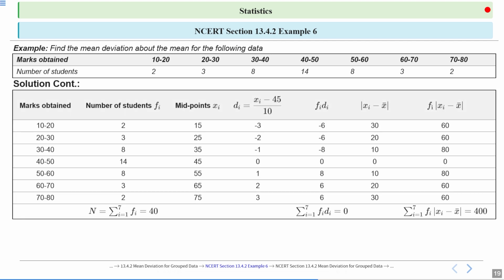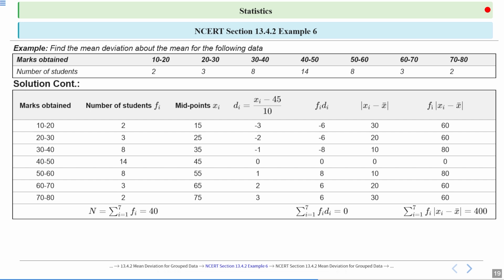Now let's break down the calculation in detail. We have added several columns in the table. The number of students column is our frequency, fi, and the midpoints xi are the average of each class interval, for example, 15 for 10 to 20. The column di is calculated using the formula xi minus 45 divided by 10.